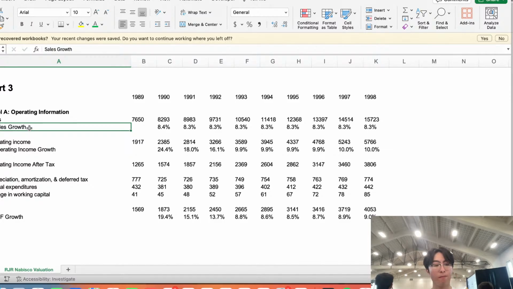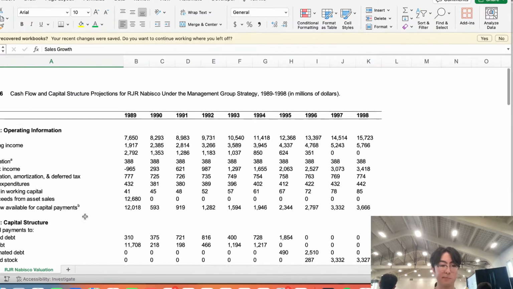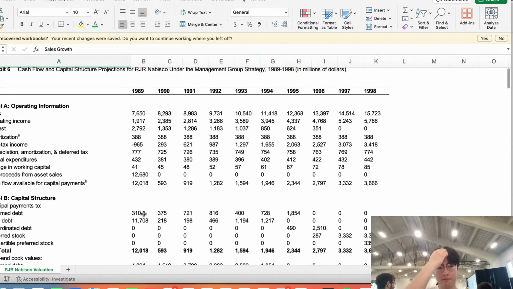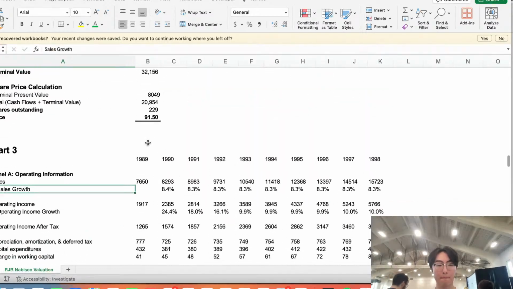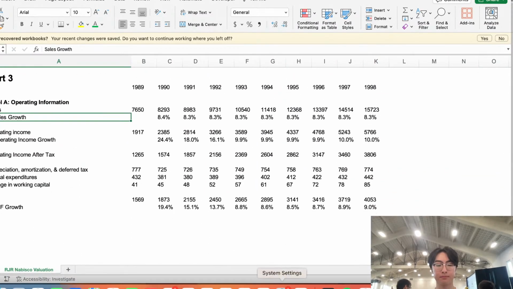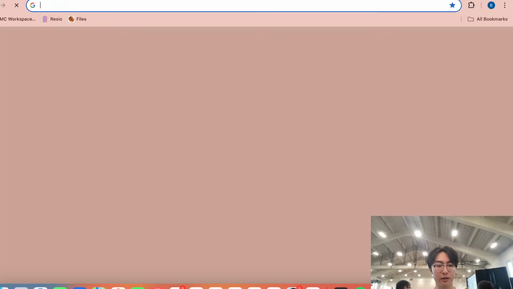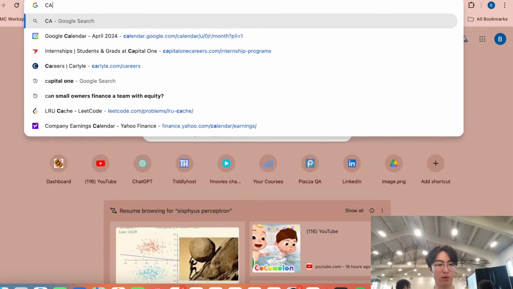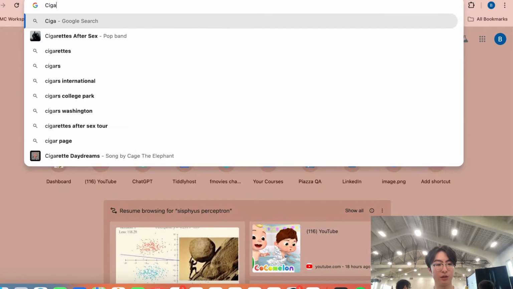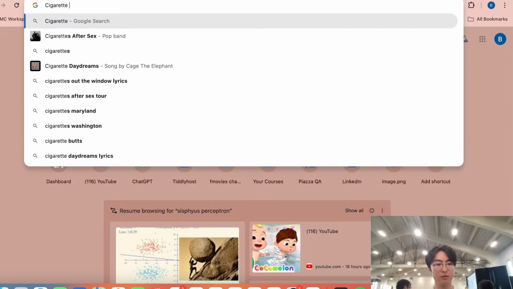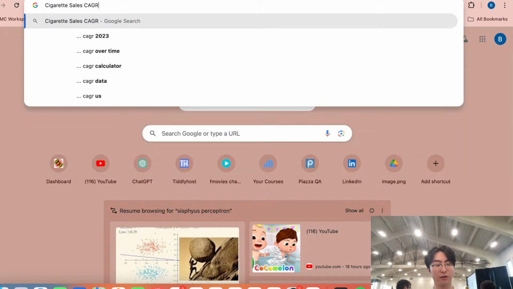Sales growth, operating income growth, free cash flow growth. Okay, I'm gonna take a look at some outside sources for cigarette sales CAGR.